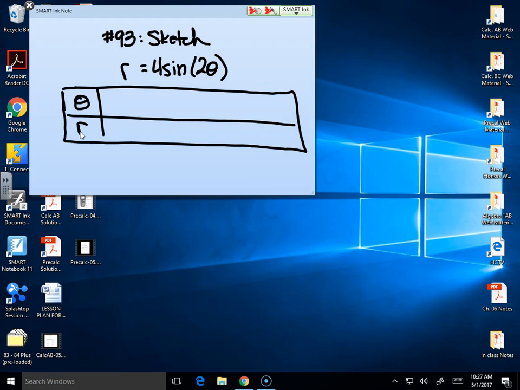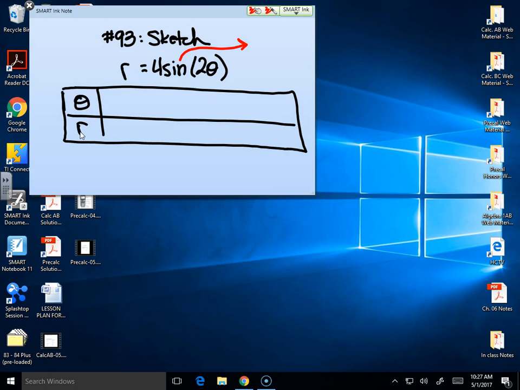Right away, just by looking at it, if you want for tomorrow's test, remember, there is that shortcut version to symmetries if there's only a sine, or if there's only a cosine. If there's only a sine, what kind of symmetries are we going to have? Is it polar axis?